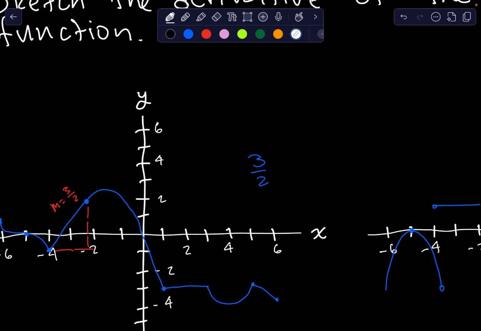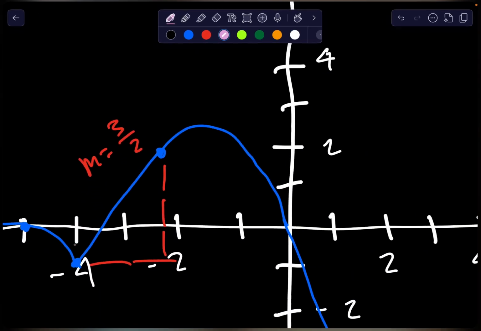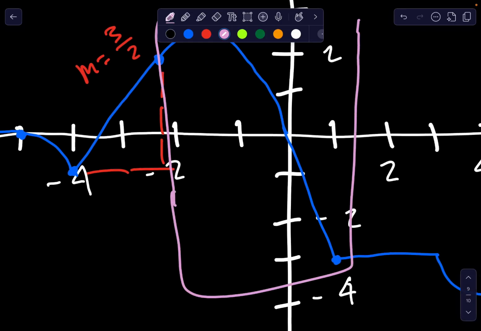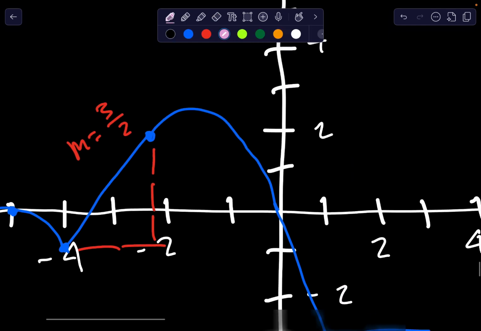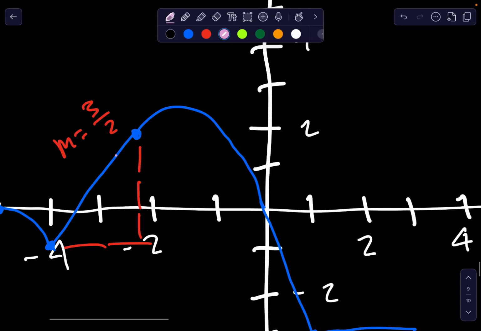Let me keep going and we'll show more examples. Right here, I know you can't perfectly tell, but it looks like we go from this linear function with a slope of 3/2 straight into a parabola of sorts. It looks like a smooth curve right here, which for this example, I will just say is a smooth curve.